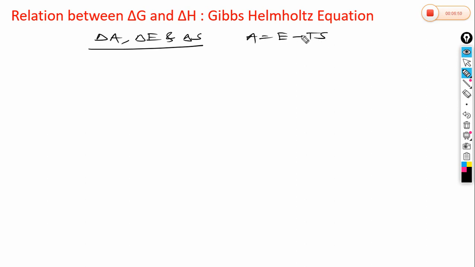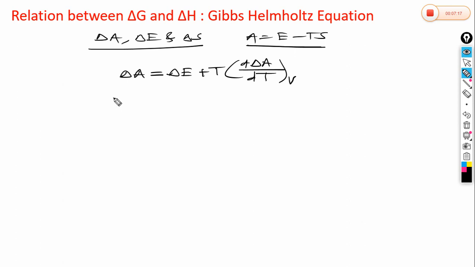If the process is carried out at constant volume, we get the Gibbs-Helmholtz equation of the form delta A is equal to delta E plus T into bracket d delta A divided by dT at constant volume. This is again the Gibbs-Helmholtz equation in the form of the work function, and it can be derived similarly as we have seen now.